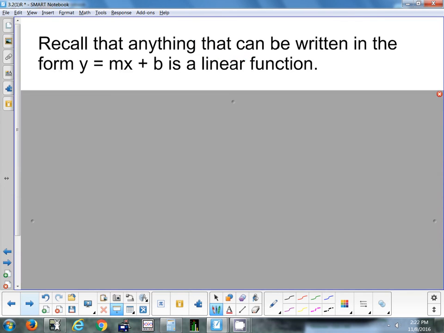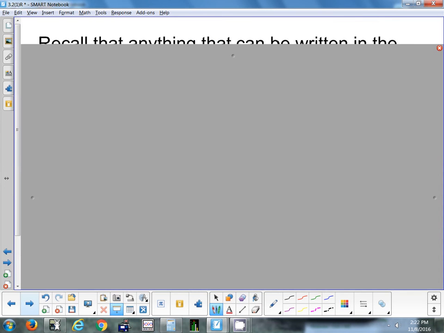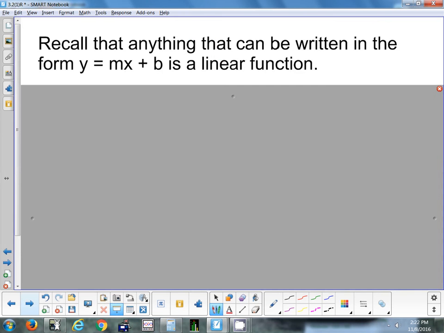All right, so what did Mr. Roy say earlier? That the equation of a line is always written how? It was y equals, and I showed you an example on the calculator too, mx plus b. I think you already did write it down in the first page of notes.